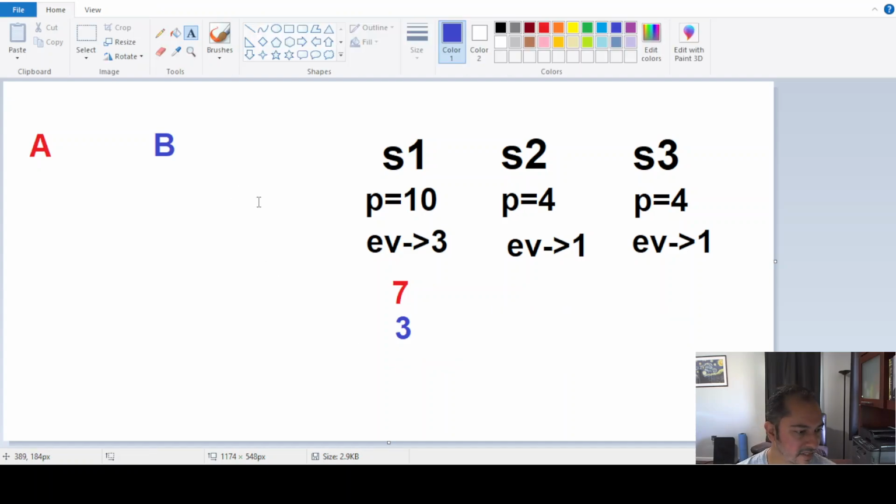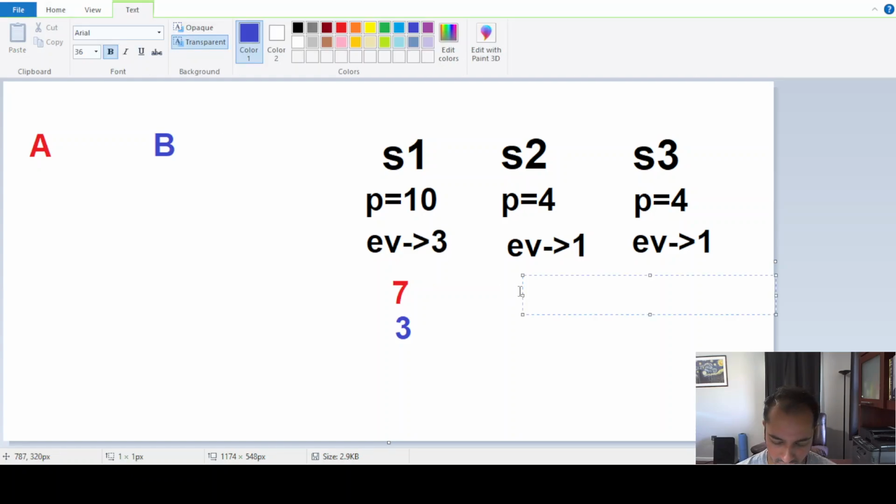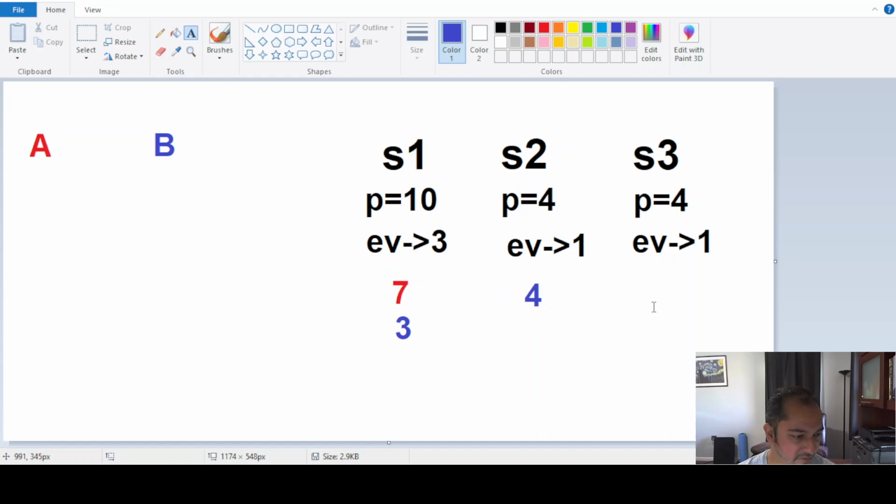Okay, and then in states 2 and 3, let's assume all 4 go to candidate B.